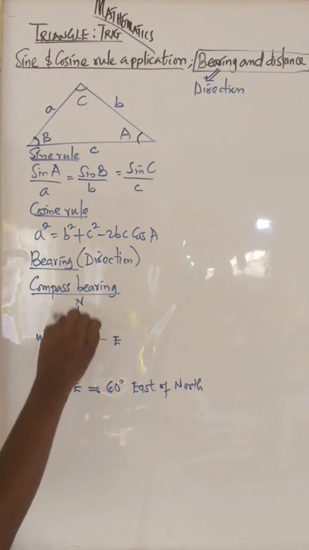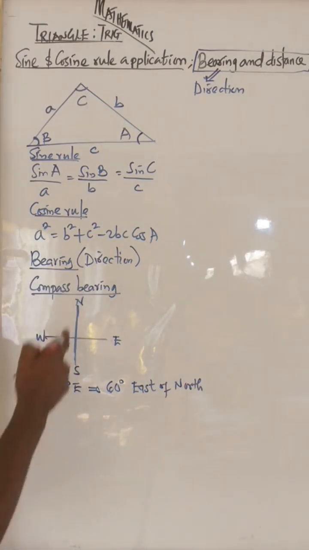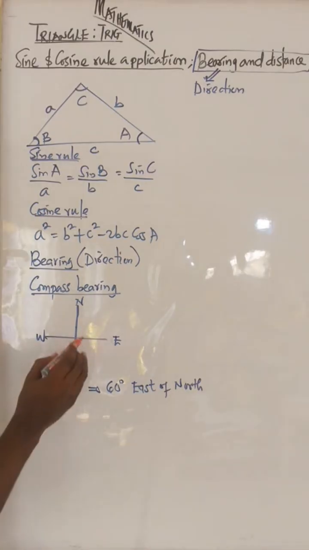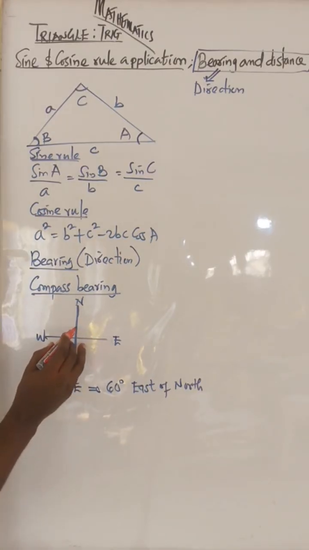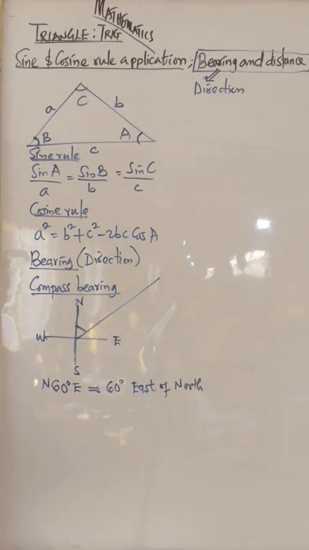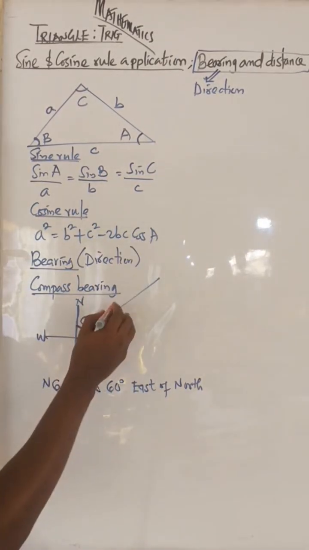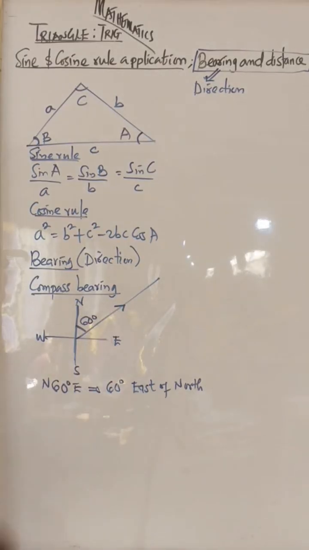Our reference is always from north or south, from the vertical axis. So from this north, we know from here to here is 90. So 60 is not up to 90, then we'll turn, we calculate 60, then we'll draw this line. So if this angle is 60 degrees, then this is the direction or the bearing of that object moving. So that's what we want to show on that one.